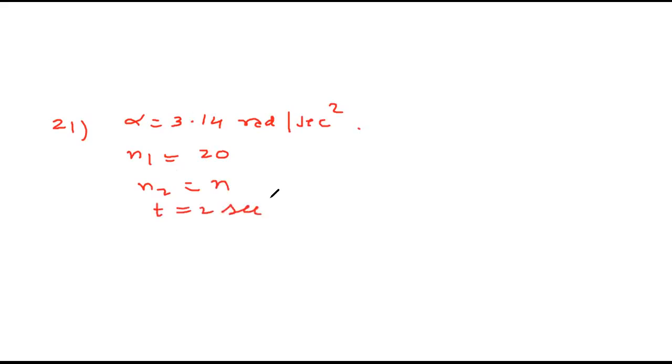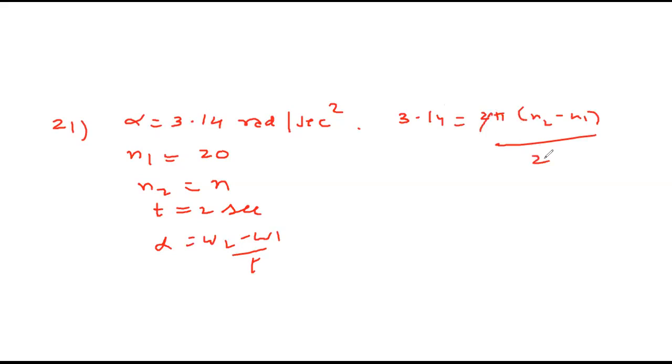The value of n will be how much? What is alpha? Omega 2 minus omega 1 upon time. So 3.14 equals 2 pi into n minus n1 upon time, which is 2. So 2 gets cancelled. This pi will get cancelled. 1 equals n minus 20. Therefore n equals 21.